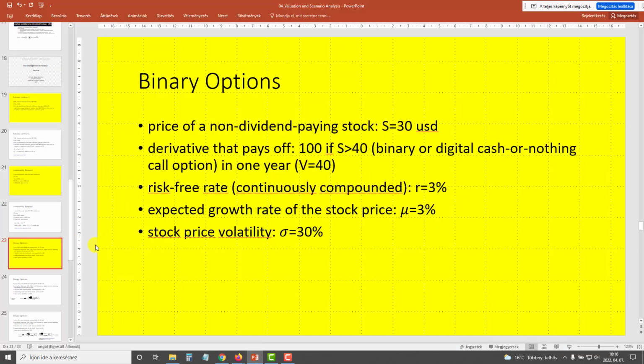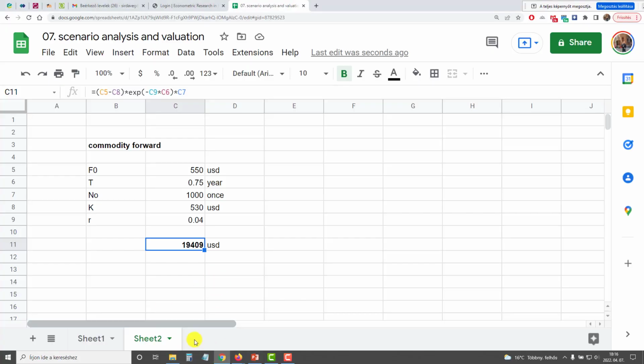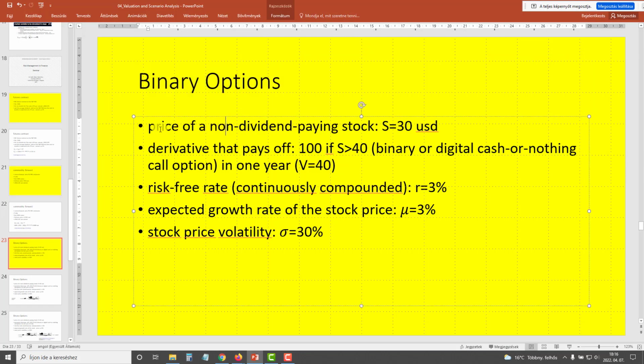Then, after these easy solutions, let's see this heavy one. So this is binary options. In the case of binary options, we have an underlying share, and we have a derivative, this binary option, which pays off 100 if we are above some level.